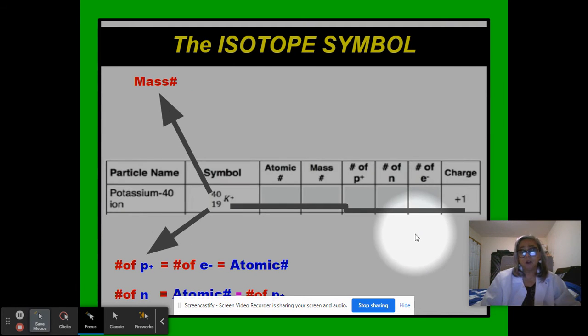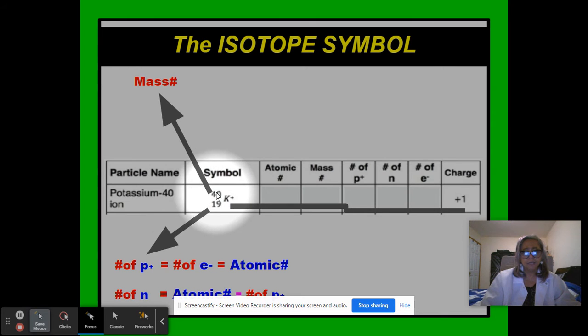Now, as you progress through the exercise through the use of the concept builder, you might encounter something like this. You have the symbol there, but then you have maybe plus 3, plus 2. If it's plus 1, they simply just say plus 1, okay? So that's why the charge here is plus 1 for the ion.